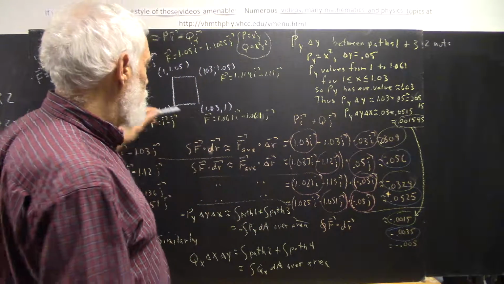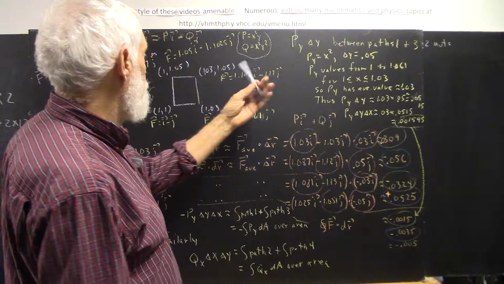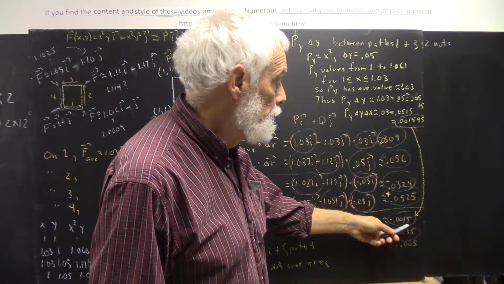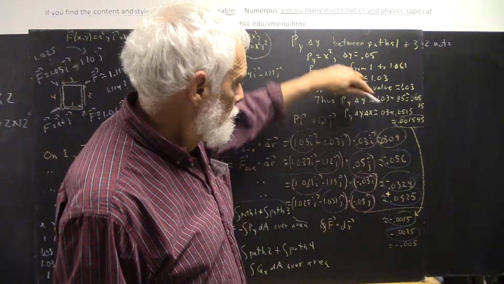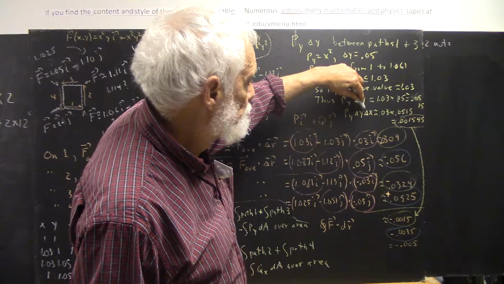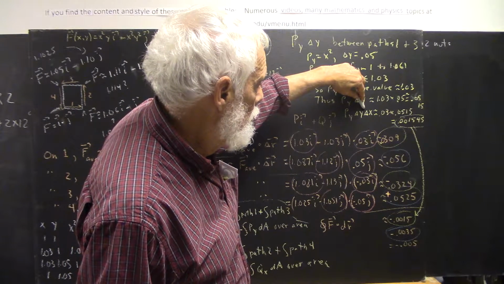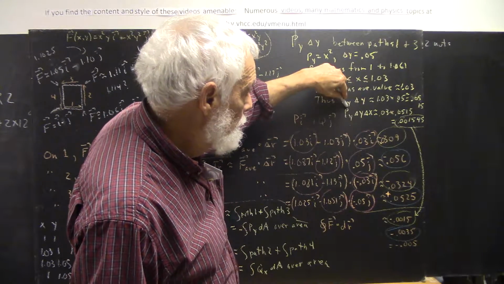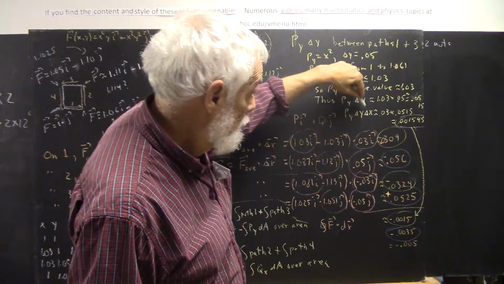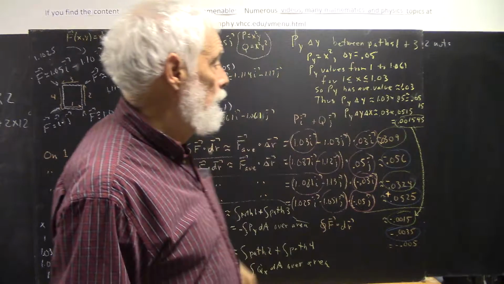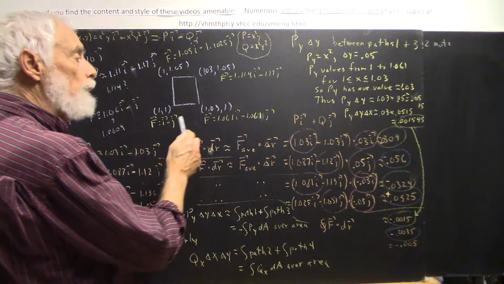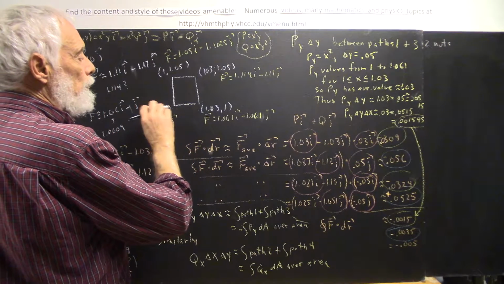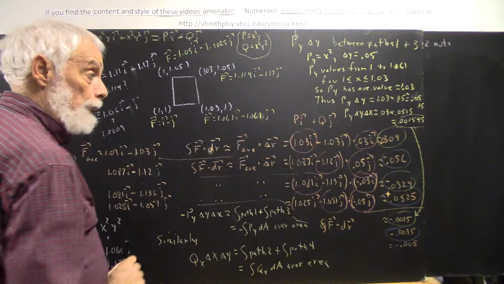Now the difference between the path 1 and the path 3 integral, or the sum of the path 1 integral in this direction and the path 3 integral, which is in this direction, is negative 0.0015. So we're multiplying the change in the p values by the delta x to get the difference between the integral in this path and the integral on this path.